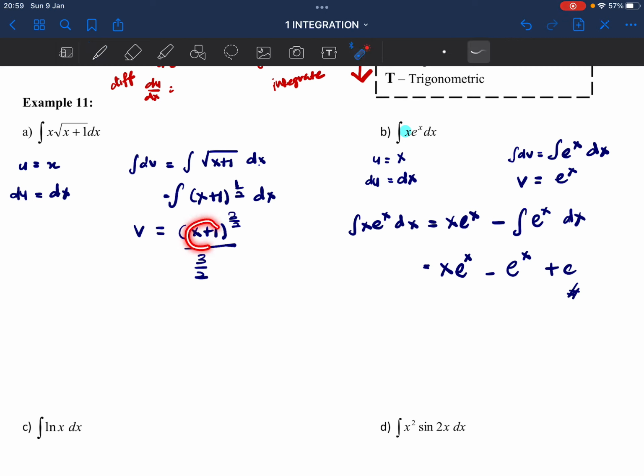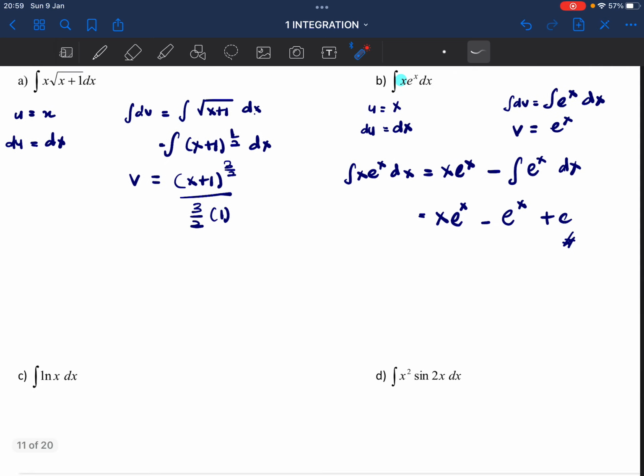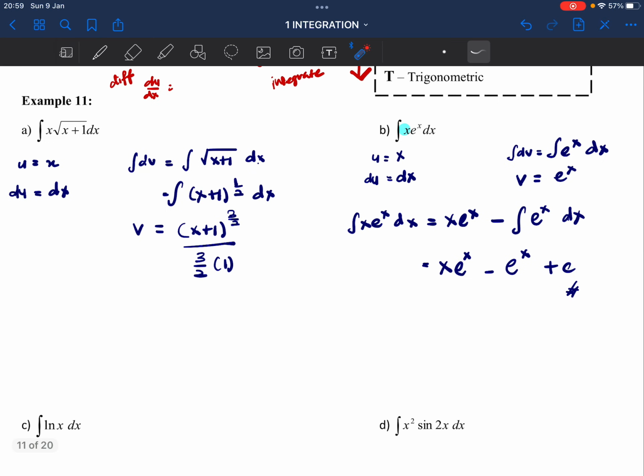So differentiate di dalam we get 1. So multiply by 1. Okay, so here you can ignore your plus c here. Okay, so simplify this part here, we will get 2 over 3 x plus 1 power 3 over 2.